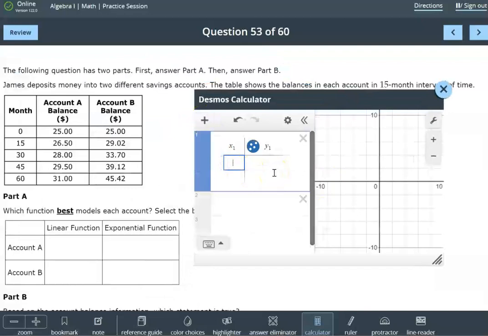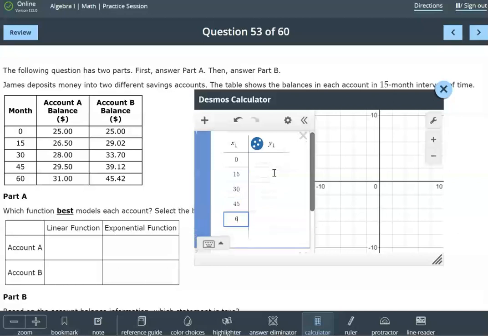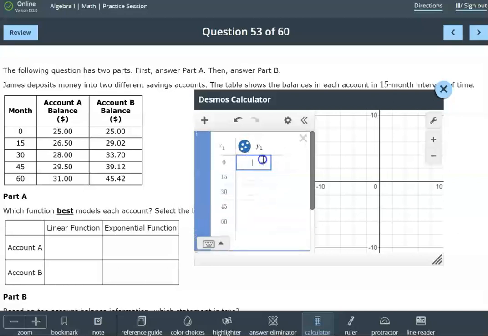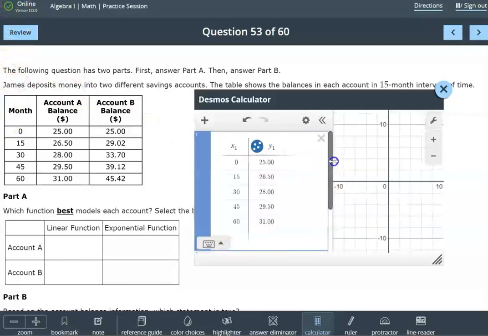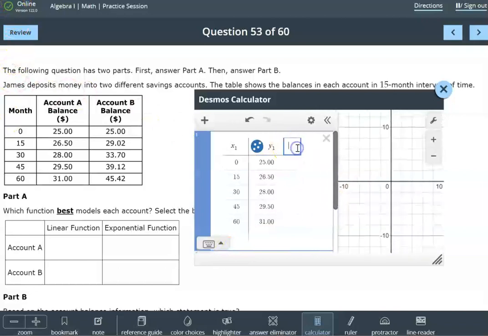Under X, we're going to put our months: 0, 15, 30, 45, and 60. Under Y1, we'll put account A balance. And then we'll move this over just a bit and start a new column. We'll call this Y2.